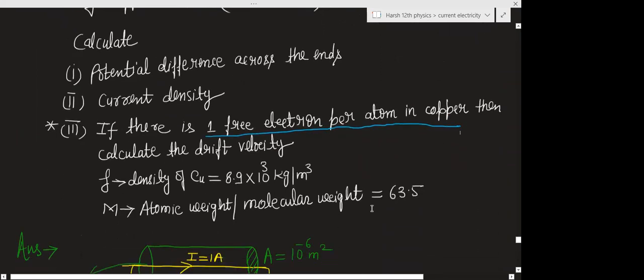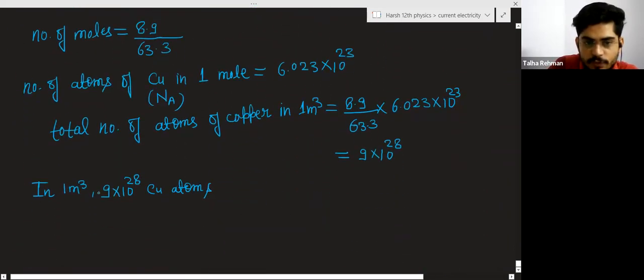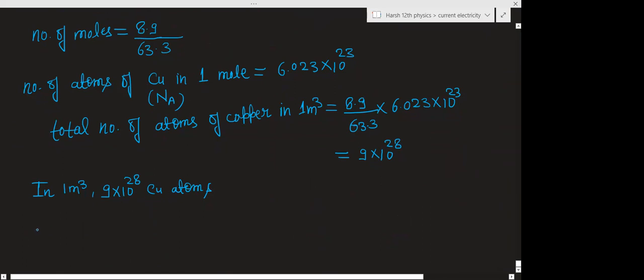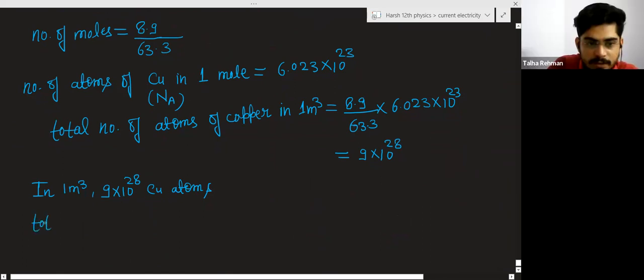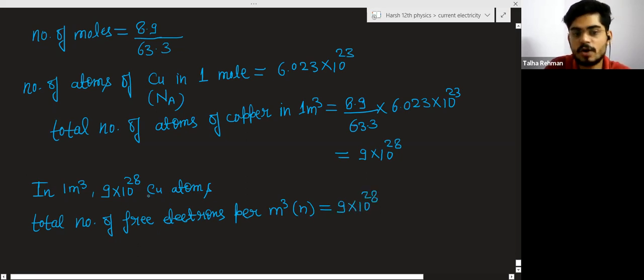So the number of free electrons in 1 meter cube: we have this number of copper atoms, so the total number of free electrons per meter cube, that is small n, will be 9 into 10 to the power 28, because the number of copper atoms is equal to the number of free electrons, as there is only one free electron in one copper atom.